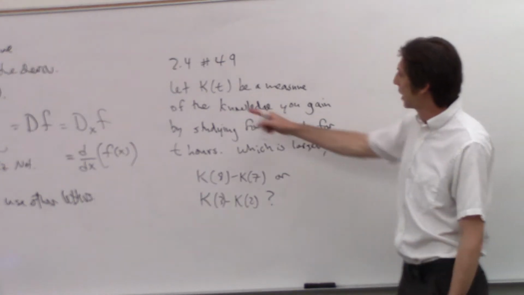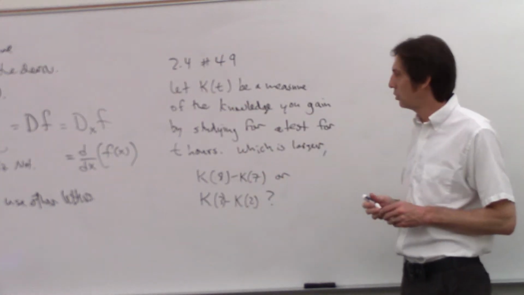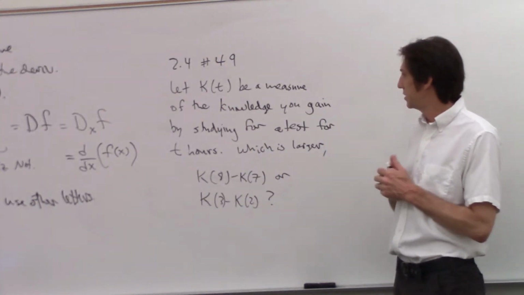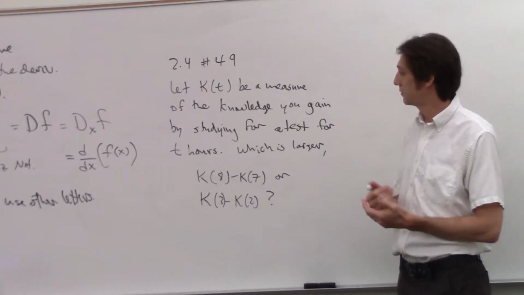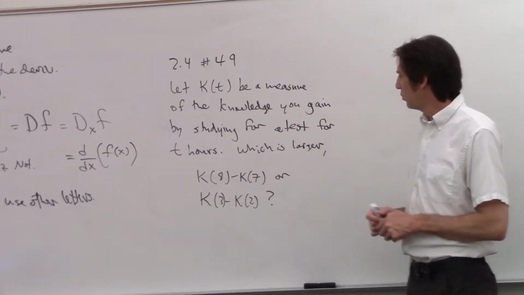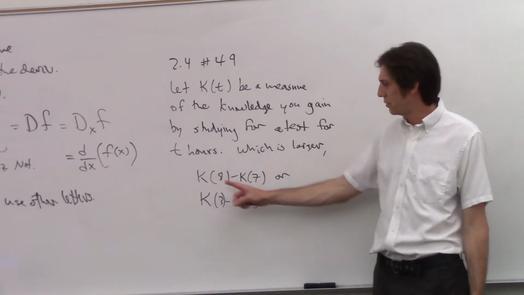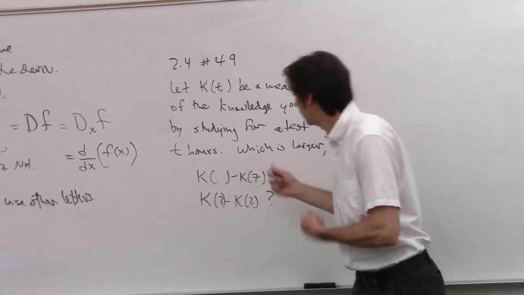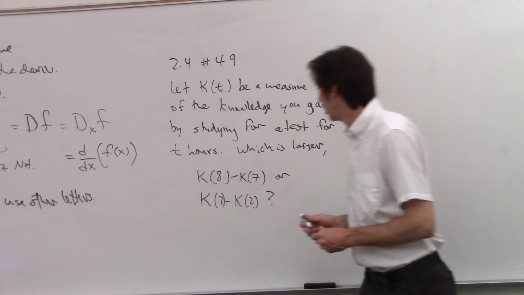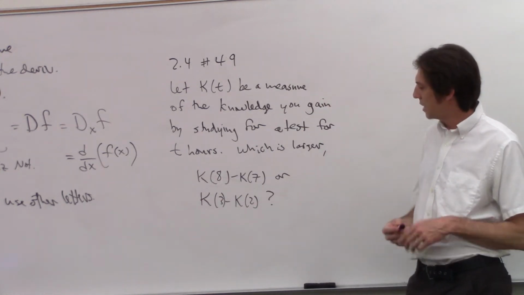Here capital K is the dependent variable, lowercase t is the independent variable, standing for time. And then I'm supposed to somehow decide which is larger, K of 8 minus K of 7, or K of 3 minus K of 2.